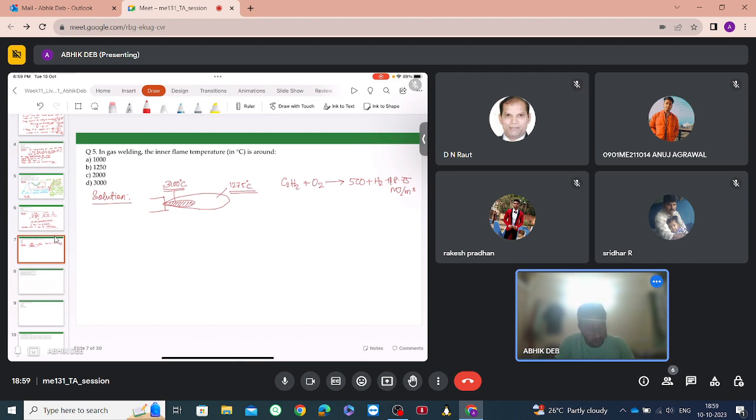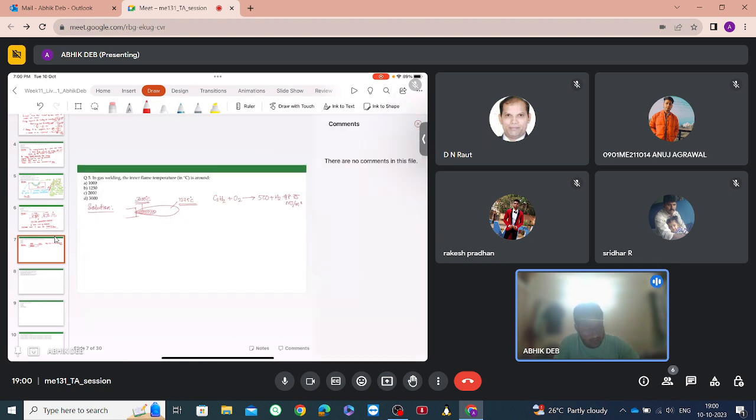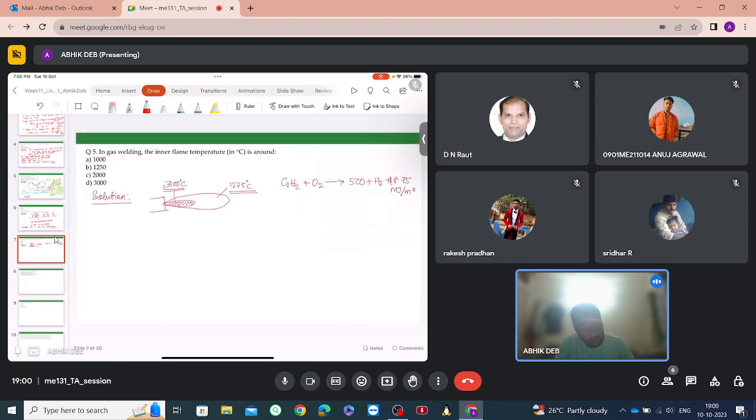Now, this is responsible for the outer flame temperature. What happens is that this carbon monoxide will undergo further reaction. So 4 carbon monoxide and 2 of hydrogen react with 3 oxygen to give 4 CO2 plus twice of H2O.